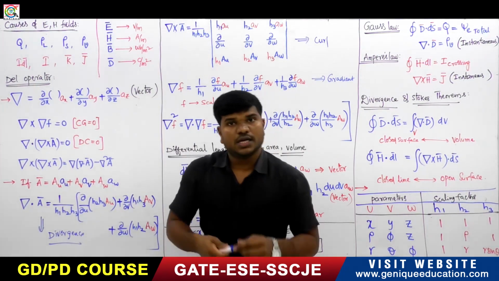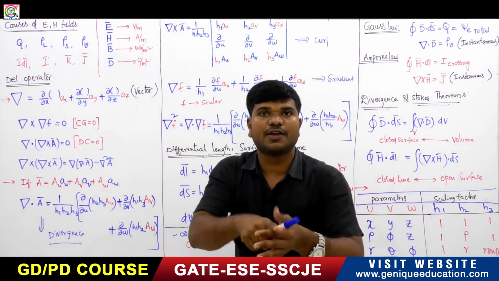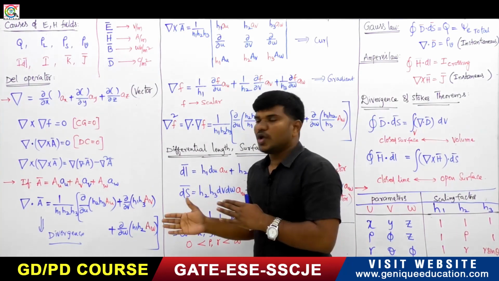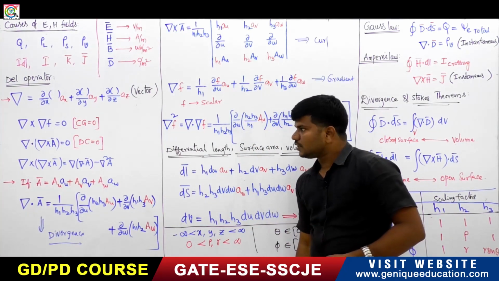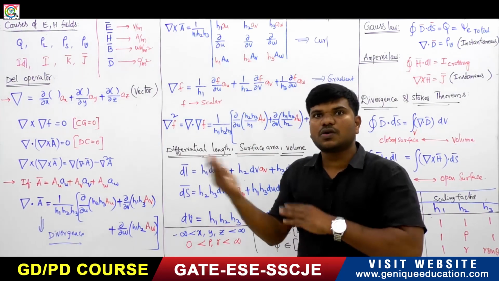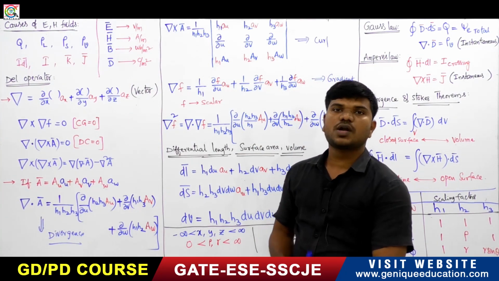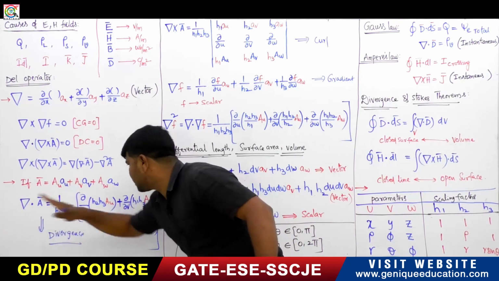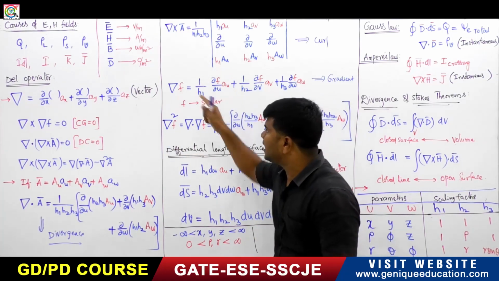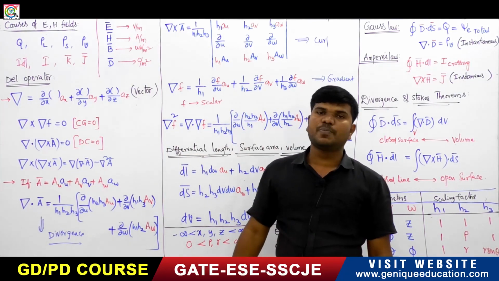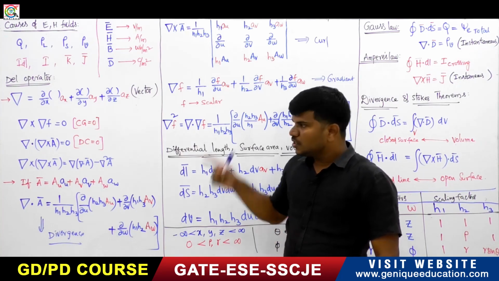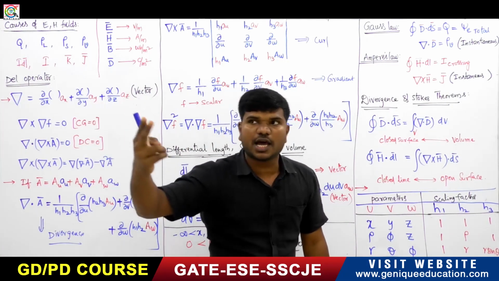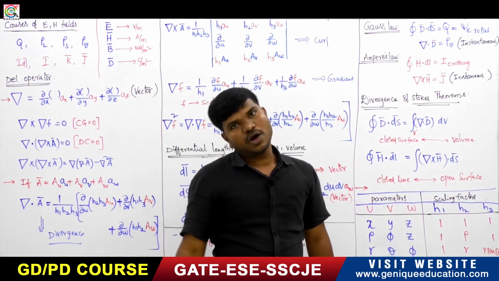Okay. Defining the divergence, curl and gradient is very easy for the Cartesian coordinates, but it will be very difficult for me to define the divergence, curl and gradient in other coordinate systems like the cylindrical coordinate system and spherical coordinate system. That's why we are using this generalized formula for divergence, curl and gradient, and also the Laplacian operator. We should know that the del operator can be operated on a vector, a scalar, and on itself also.